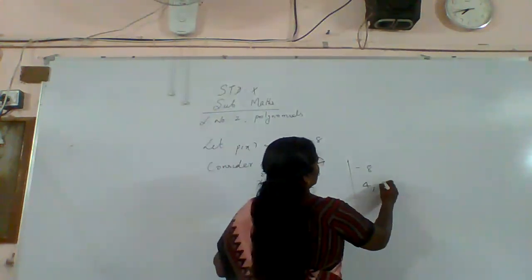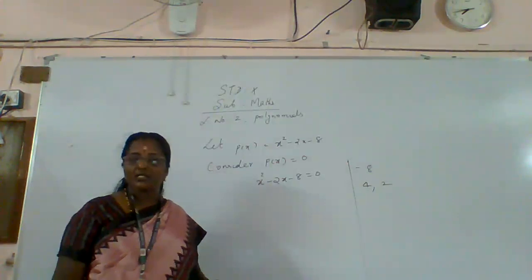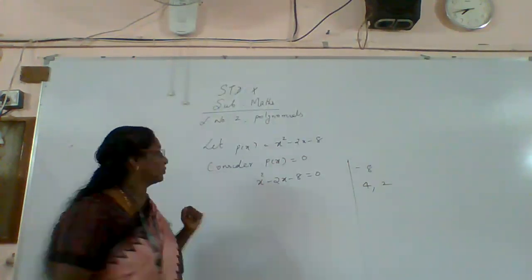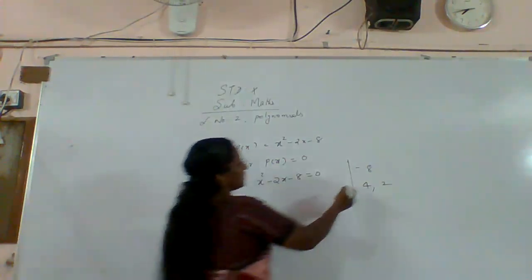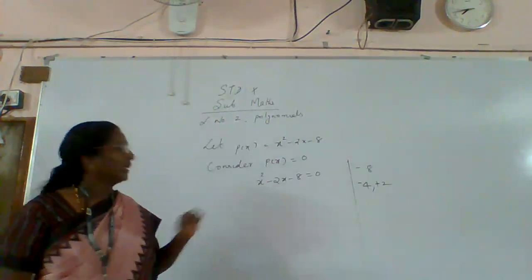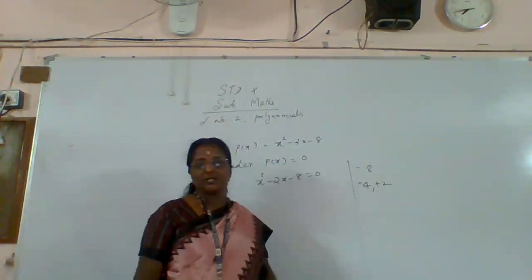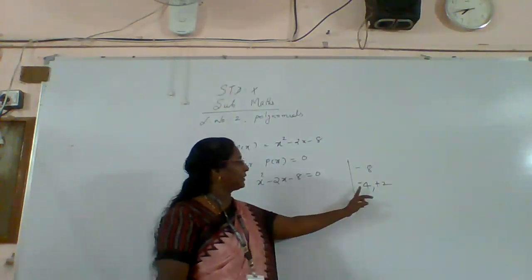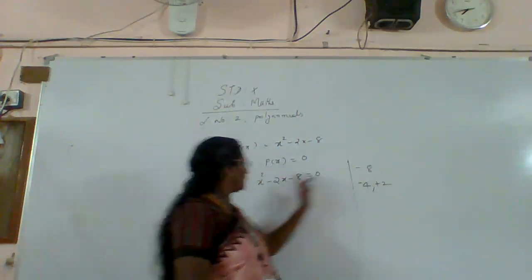4 and 2. The numbers are 4 and 2. 4 into 2 is 8, and the difference is 2. So here, what is the sign? Minus. So the bigger number is minus and the smaller number is plus. Now you see, minus 4 into 2 is minus 8, and minus 4 plus 2 is minus 2.